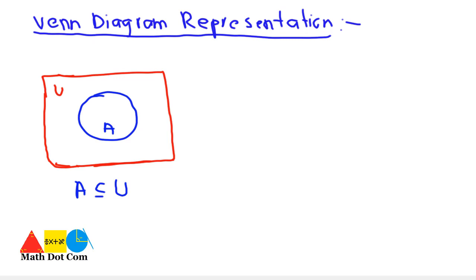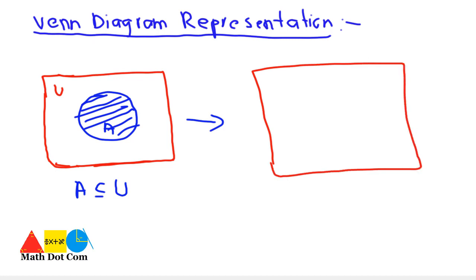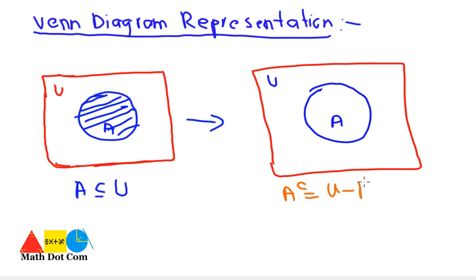Now if you want to find the A complement, this is a set, it will be represented as this. Its A complement will be defined as U minus A. It means you have to subtract A from the U. It will contain all the elements of U except A. So how will we represent it through lines?